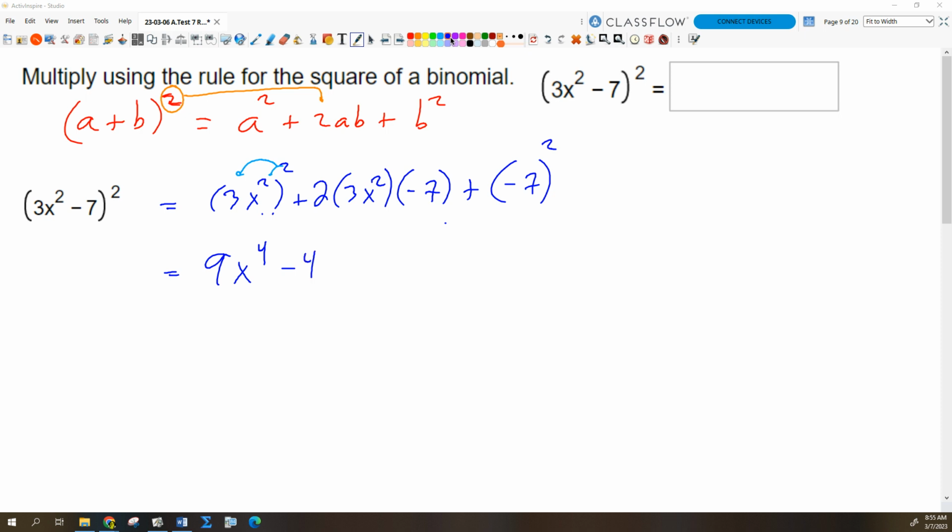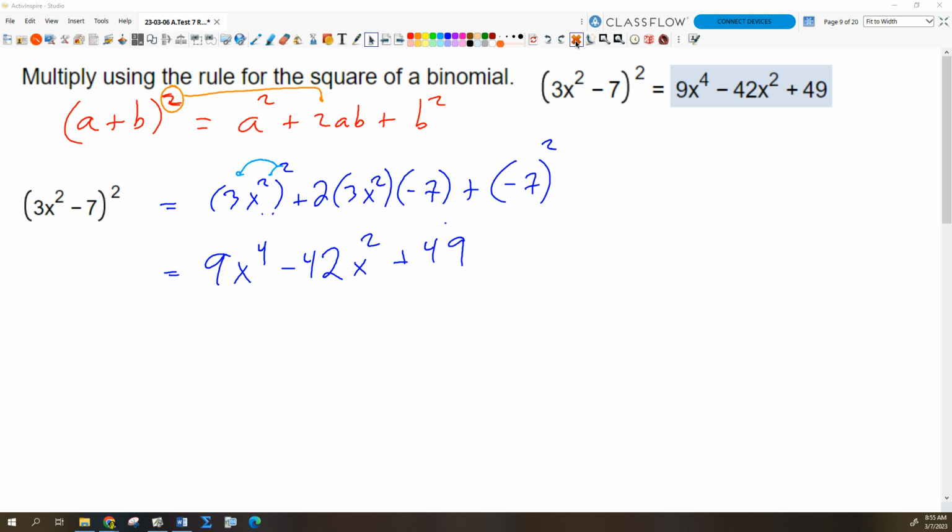There you go. 42, and it looks like I'm going to have an x squared. And then everybody, what's negative 7 squared? Positive 49. Okay, good. We got this. Give me 1 to 5. Everybody good on all that?